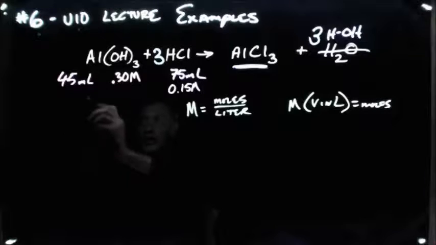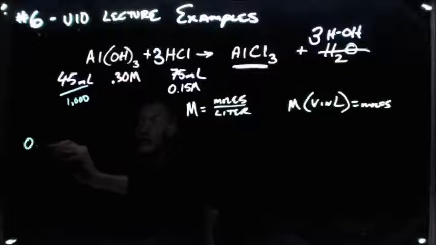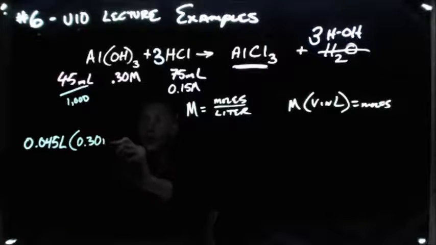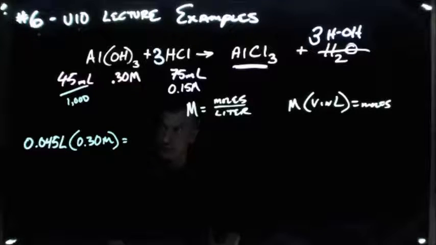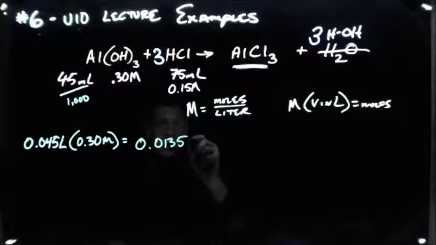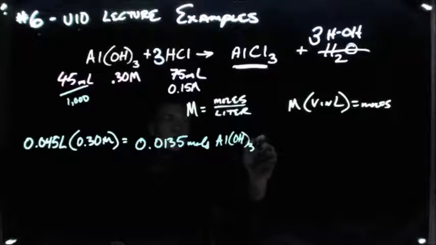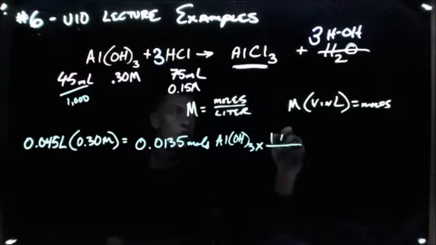So first, let's figure out how many moles of aluminum chloride can be produced from the aluminum hydroxide. So we're going to divide that by 1,000 to make it liters. So 0.045 liters times 0.30 molar gives us 0.0135 moles of aluminum hydroxide, times, now it's a 1-to-1 ratio between aluminum chloride and aluminum hydroxide.